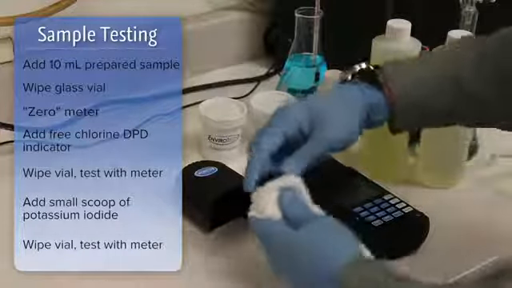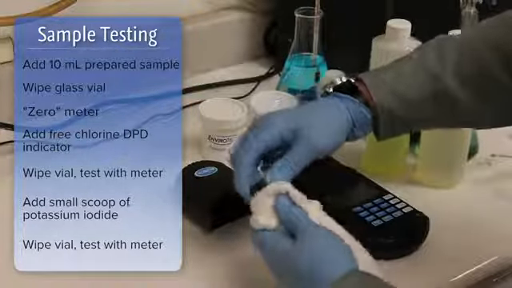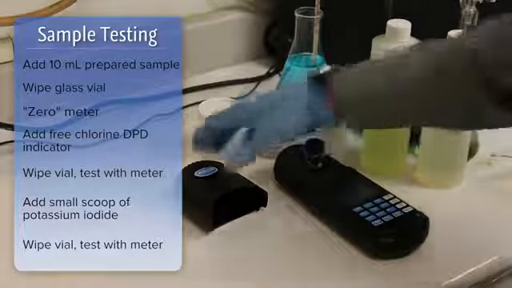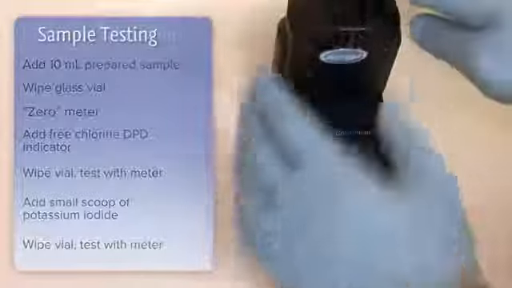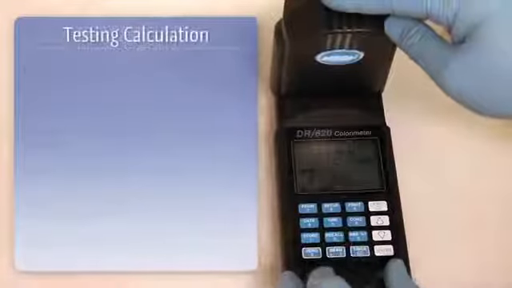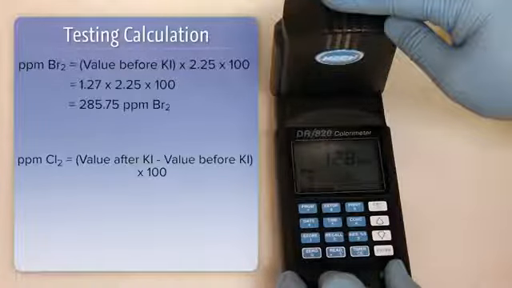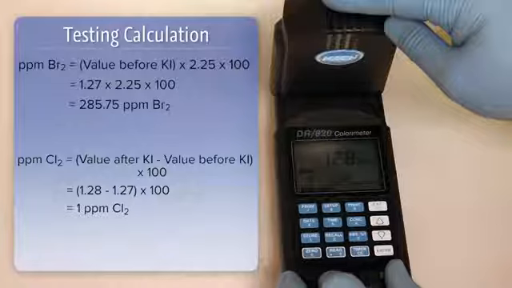Back in the colorimeter after a wipe of the cell again. Place the shield on to protect from stray light, and then follow this calculation. The diluted activated solution contains 285 parts per million of available bromine and just 1 part per million of chlorine. That was a very good activation.